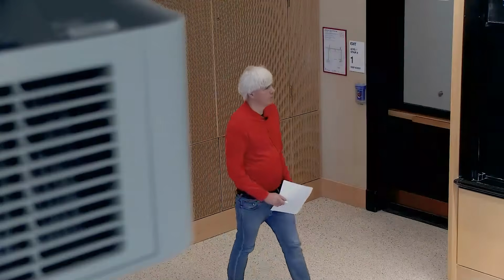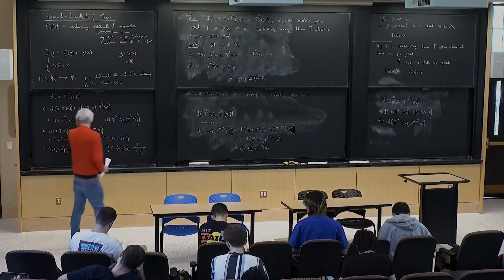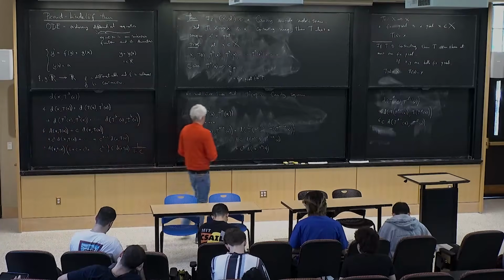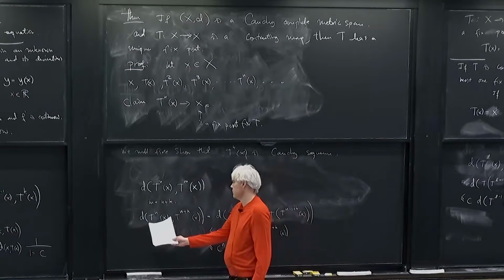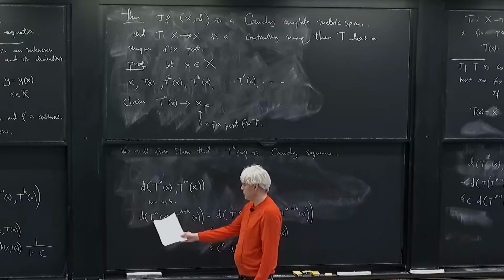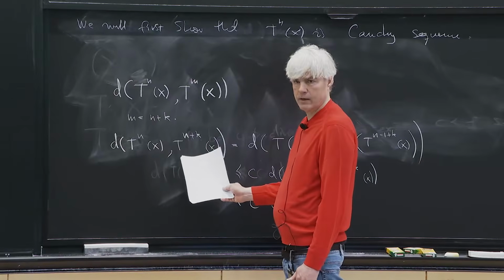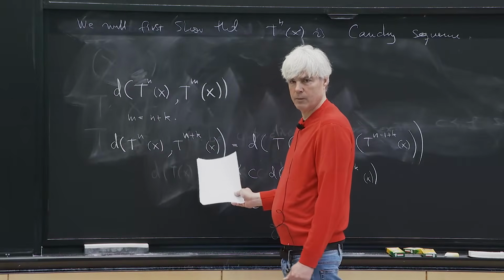So what we were interested in is saying that as long as I choose little n sufficiently large, this thing must be very small.